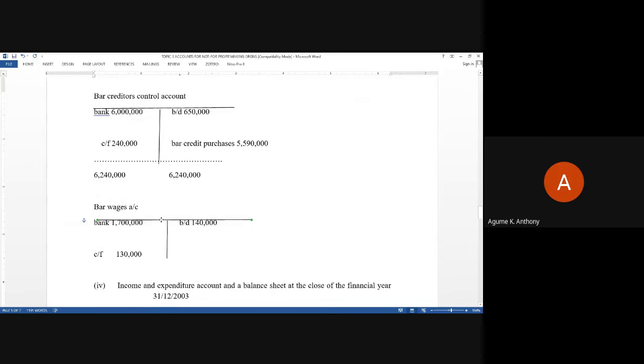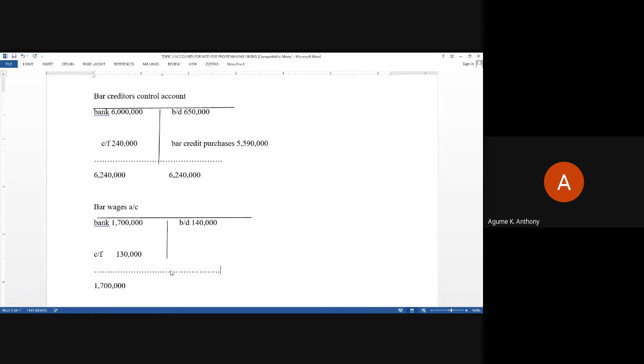If you balance off this ledger account, you can see the debit side is bigger. So to get 1.7 million.